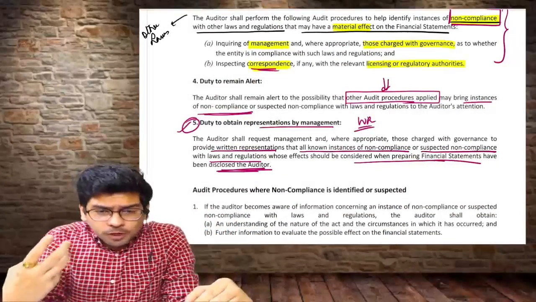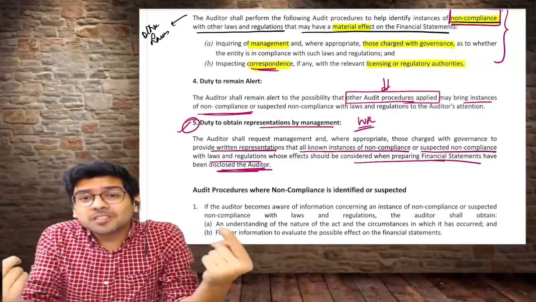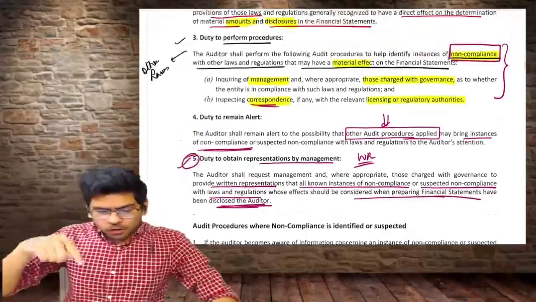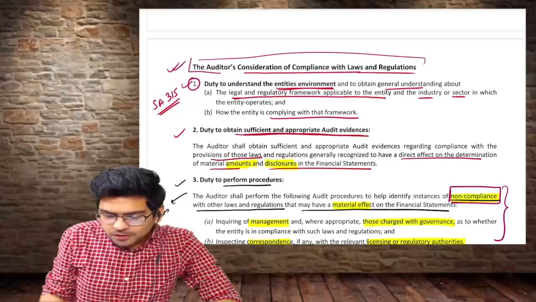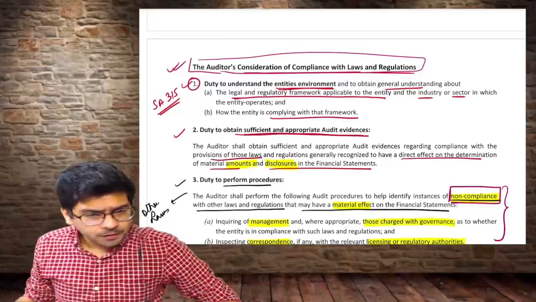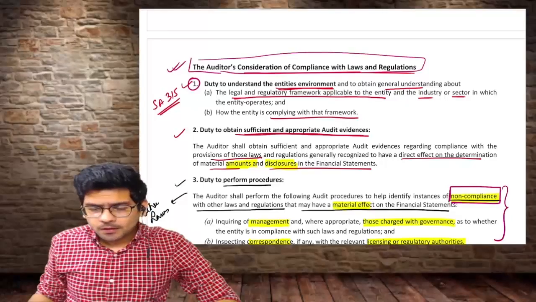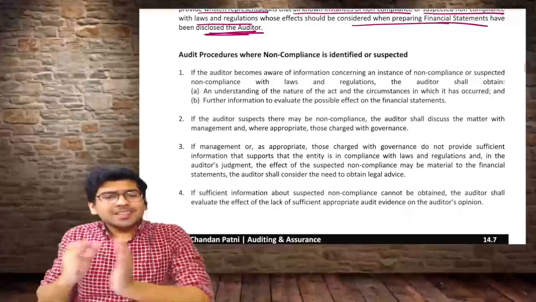He needs to be cautious when doing other audit procedures, because other audit procedures might uncover certain instances of non-compliances. Are you all clear with this part? This might be a question generally asked in the exam. Is it clear to everyone? Yes? All right.